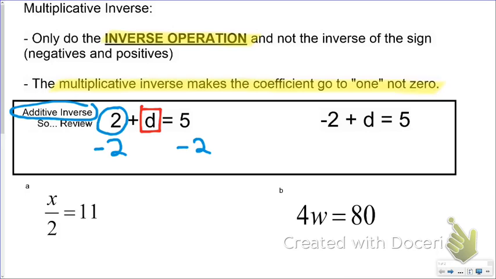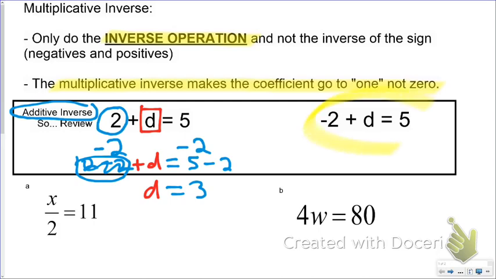So with equations, everything has to stay balanced. So we have 2 minus 2 plus d is equal to 5 minus 2. And this process eliminates the 2's with the d, leaves d alone, and that shows that that's equal to 5 minus 2, which is 3.